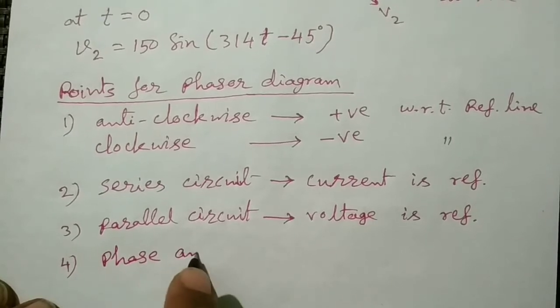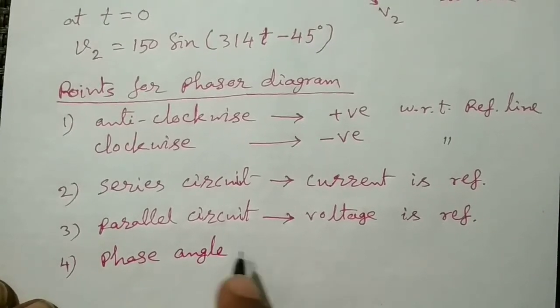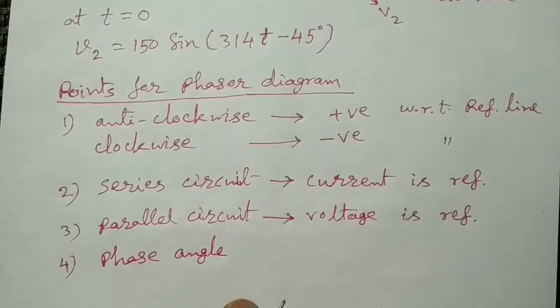So phase angle should be chosen properly, whereas the length of the line that represents either a voltage or a current may or may not be according to the scale. So phase angle should be considered properly, but the magnitude of the voltage and current may or may not be according to the scale.